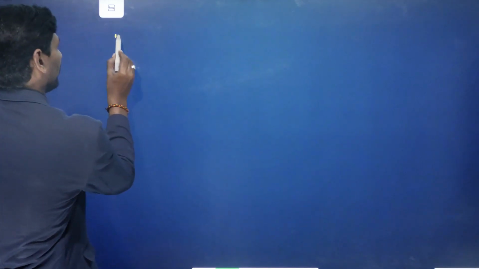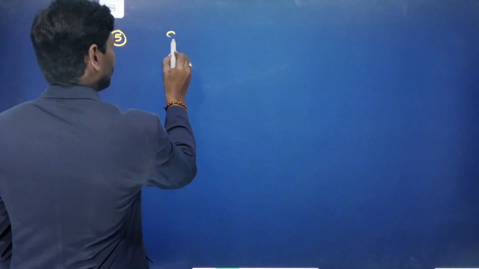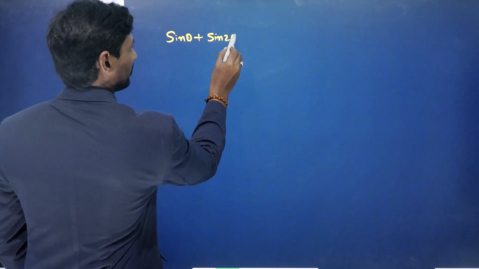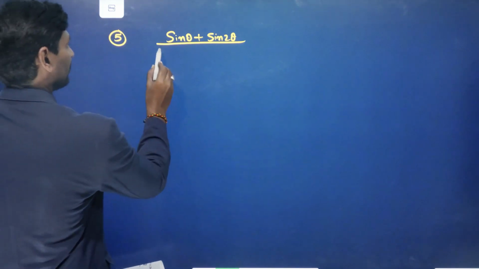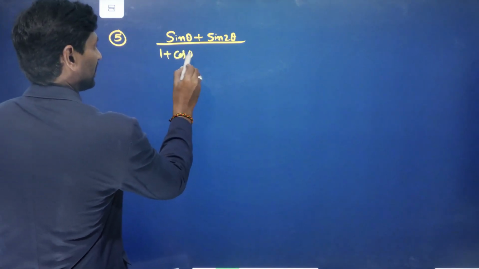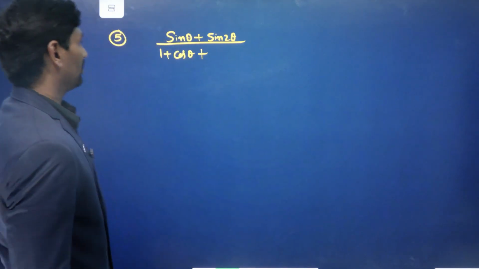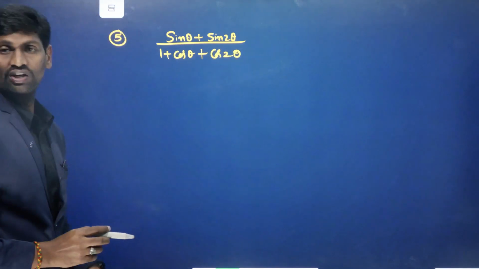Yeah, problem number 5. The fifth problem is given that (sin theta plus sin 2 theta) divided by (1 plus cos theta plus cos 2 theta). 2 theta means multiple angle.